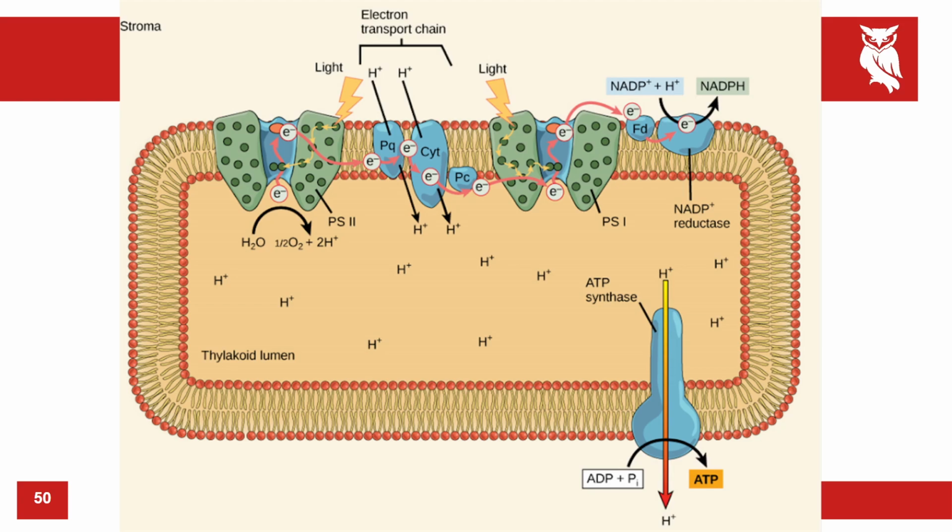Electrons go from photosystem 2 down the electron transport chain to photosystem 1, where they get hit with light again, become energized, and are taken into NADPH, another energy carrying molecule. So the light-dependent reactions do two things: make ATP, with ATP synthase at the bottom right, and make NADPH from those high energy electrons at the top right. That is what the light reactions do.